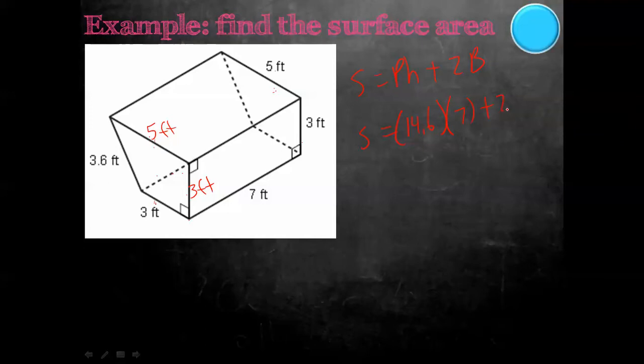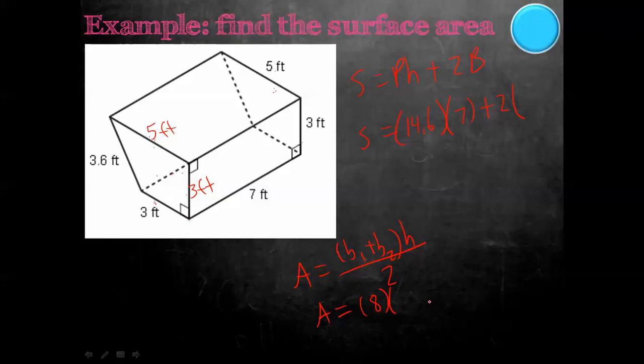Then we're going to take 2 times the area of the base. Now we know here that our base is a trapezoid. So remember, the area of the trapezoid is base 1 plus base 2 times the height of the trapezoid divided by 2. So our bases are 3 and 5. So we're going to take 3 plus 5, which is 8.